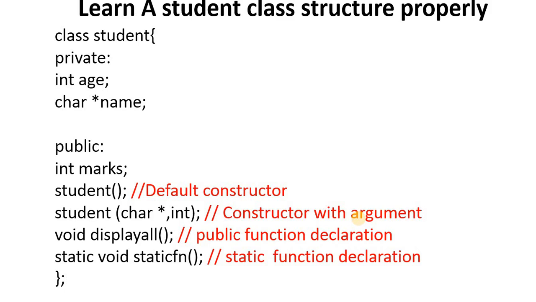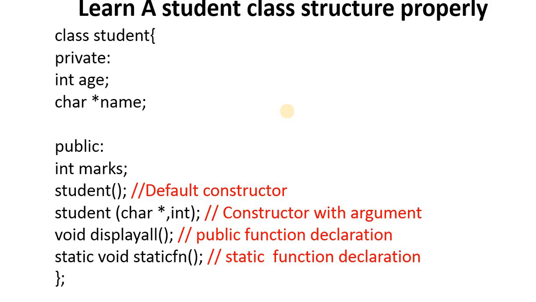As you can see on the screen, you start the C++ program by writing down the class at the topmost. You give a name to the class, which is student. The class has got the private part and the public part. In the private part, I have defined the name and age. Name is a group of characters which is defined by char star name, and age is an integer.